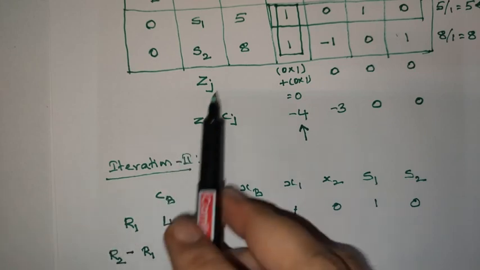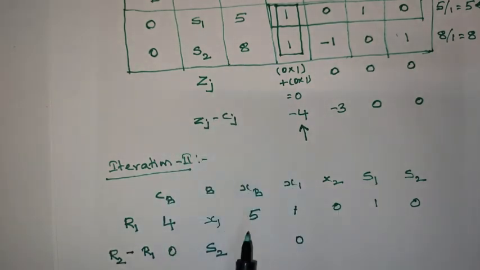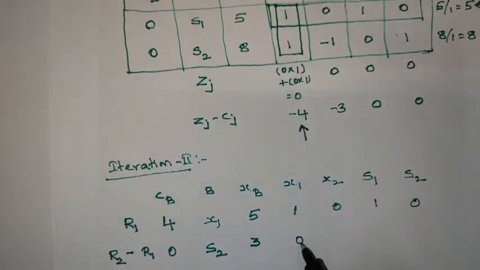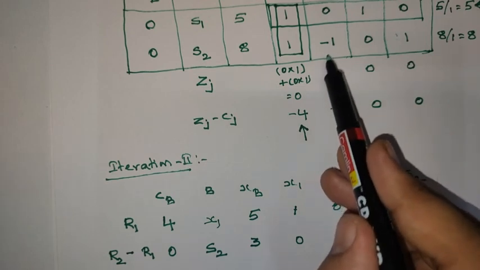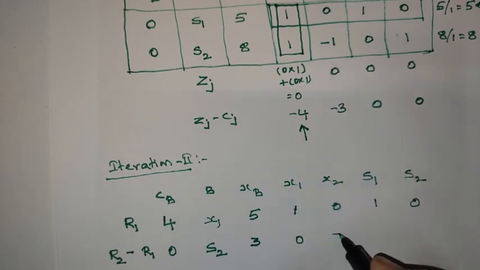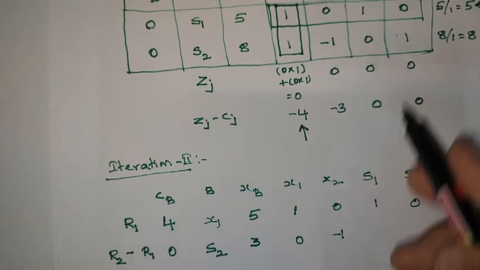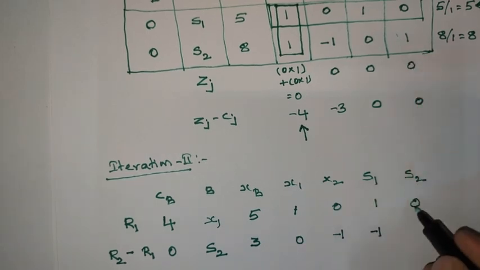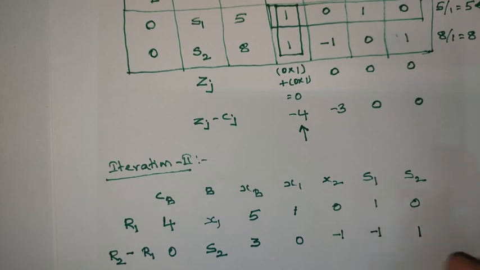So what will happen? 8 minus 5 equals 3, next 1 minus 1 is 0, next 0 minus 1 is minus 1, next 0 minus 1 is minus 1, next 1 minus 0 is 1.